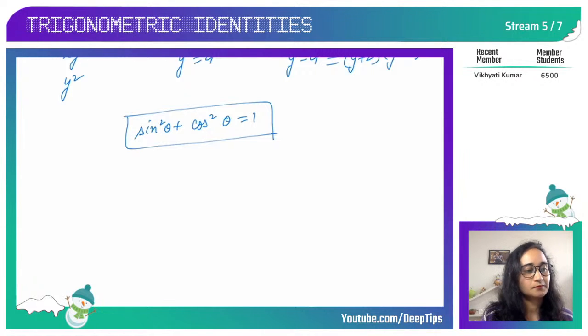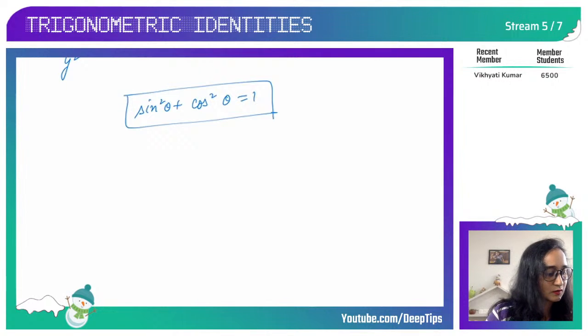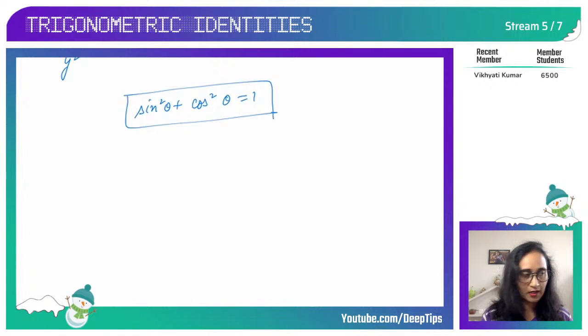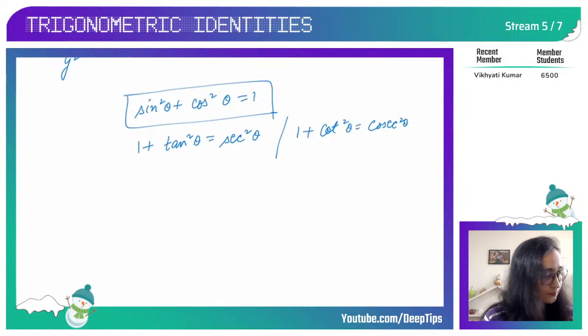Yeah. So now let's prove the identities. This is the first identity, sine square theta plus cos square theta equals 1. You have one more identity, that is 1 plus tan square theta equals secant square theta, and then you have 1 plus cot square theta equals cosecant square theta.